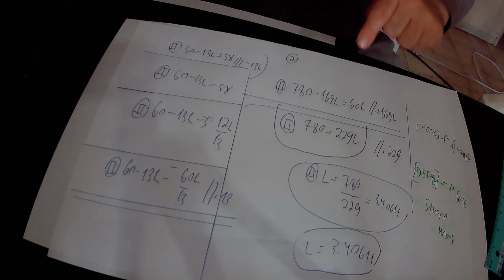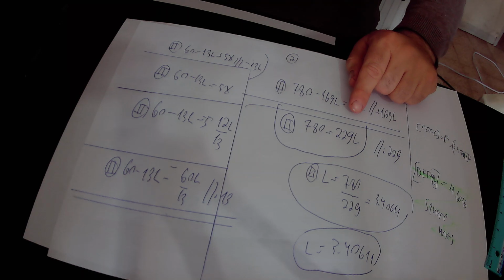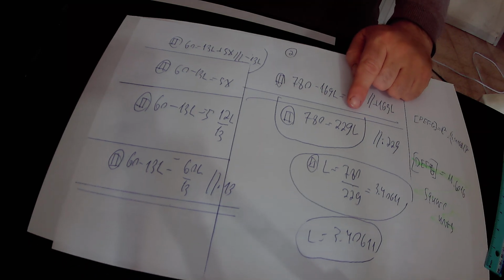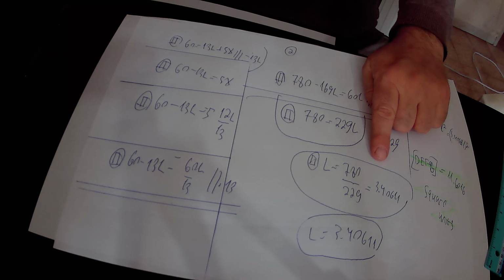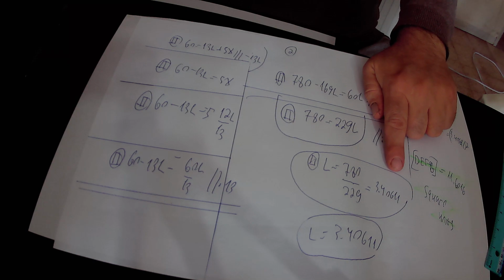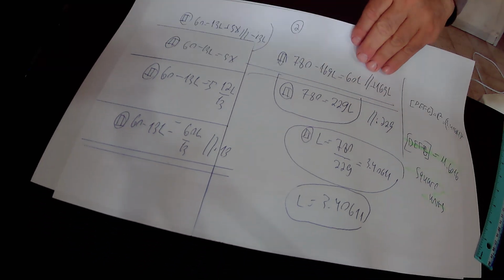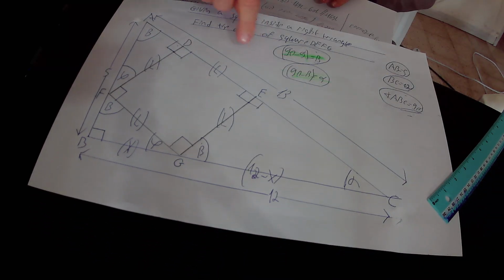Here we divide by 229, and finally find that L equals 780 over 229. 780 over 229 is 3.40611. That is to say, L, the length of one side of this square DEFG, equals 3.40611.